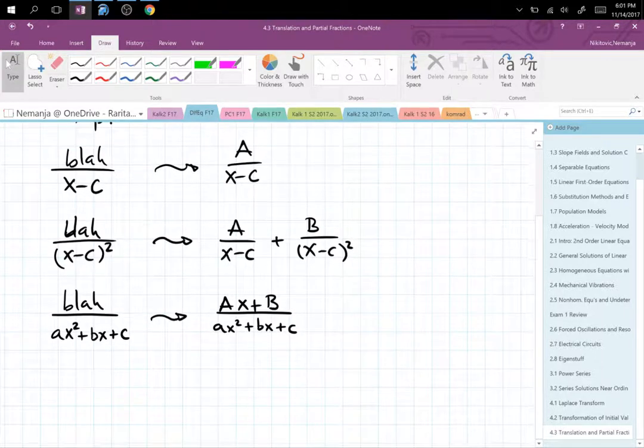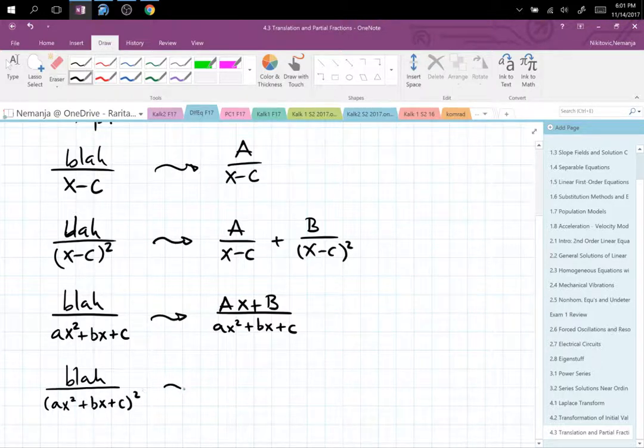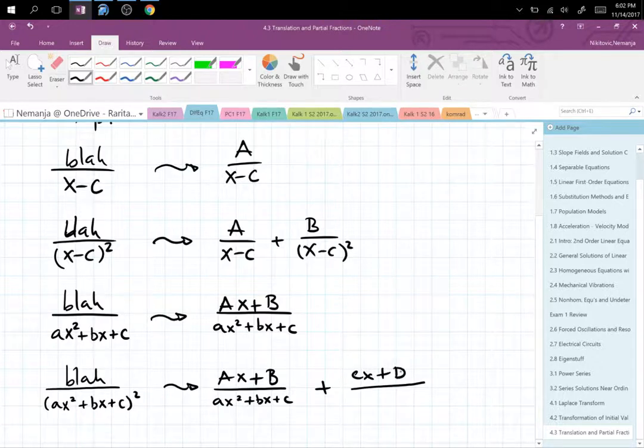And the last one is the quadratic that is, again, not factorable, but it's squared, it's repeated. And you get the same deal like with a repeated linear: Bx plus C squared.